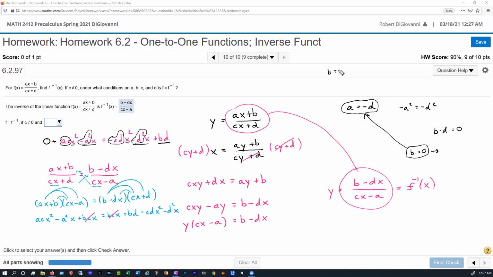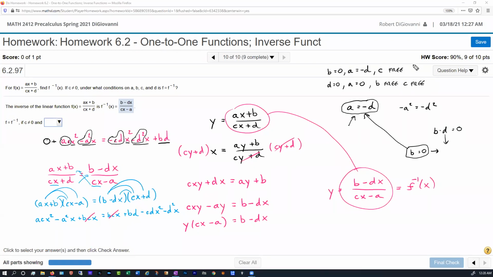If b is 0, then a must equal negative d, and also c is kind of free. It can be anything we want it to be. Now, what if d is 0? Well, if d is 0, because of this equation, that would mean that a would have to be 0. And then b could be anything. And c could be anything.